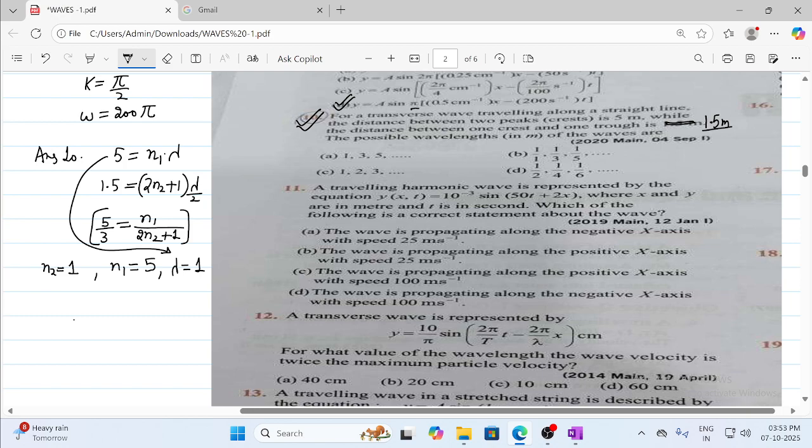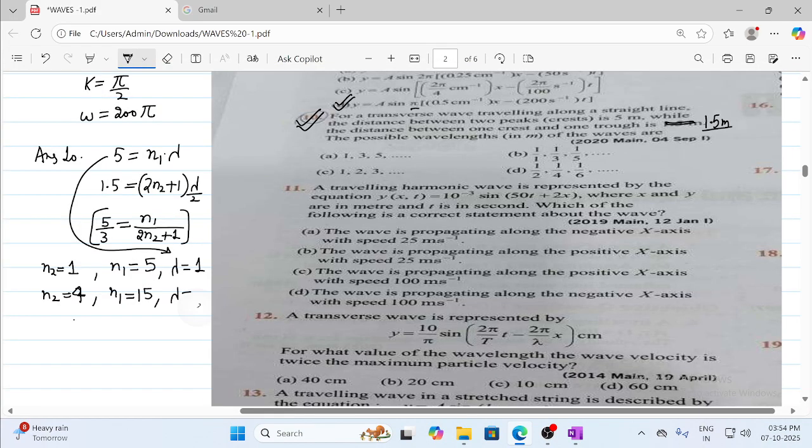Now if I take n2 equal to 2, 25 by 3, it will become 3 by 5. n2 equal to 4 is coming, right? So n2 equal to 4, n1 will become 15, so lambda will be 1 by 3. So this kind of ratio is coming out: 1, 1 by 3, 1 by 5. Got it.